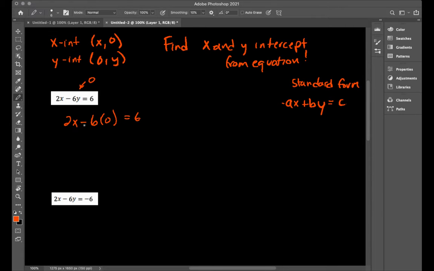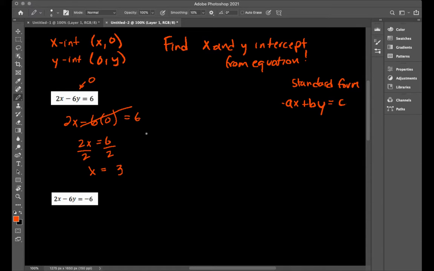Now what happens to 6 times 0? That cancels. We know that automatically because 6 times 0 is 0. So it becomes 2x equals 6. Now that becomes a one-step equation like we've done before, so we divide both sides by 2.